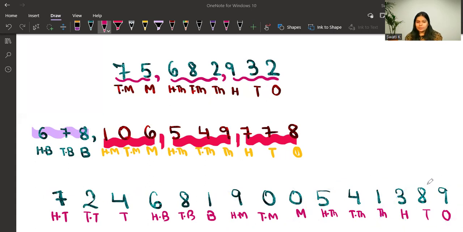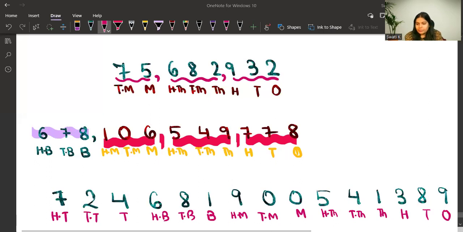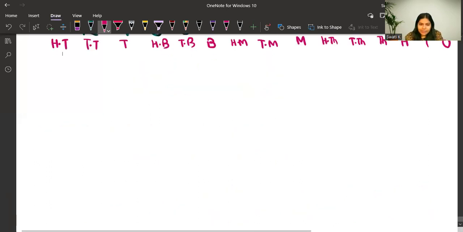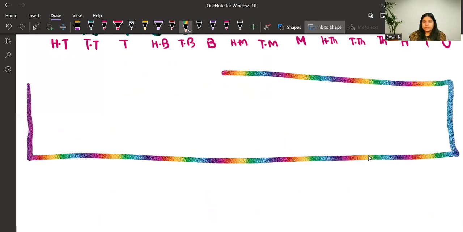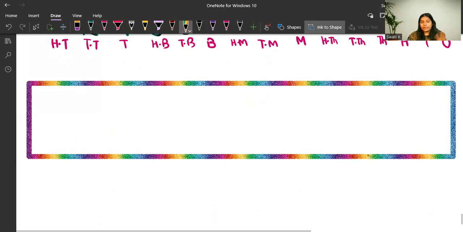I know you must be scared to look at such a large number, but try to understand how easy it is to read numbers according to the international place value system and the Indian place value system. At the end, I'll sum up everything by writing down the place values. First I'll draw the place value for the Indian place value system.